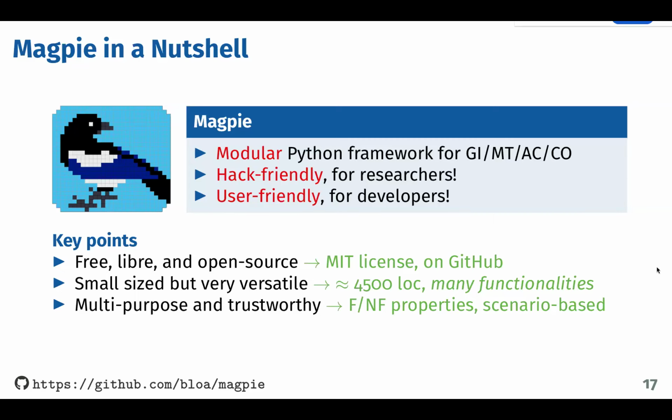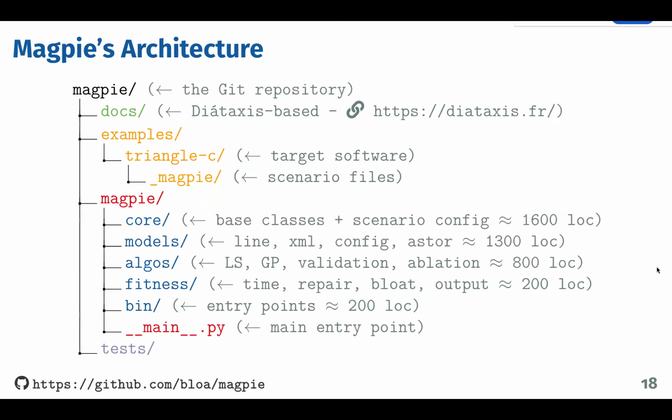The question is, have I tried to run Magpie on Magpie? There is one folder, which is examples. One of the subfolders is Magpie. So there is a scenario in which Magpie is applied to Magpie to improve Magpie. It's not the best thing in the world.